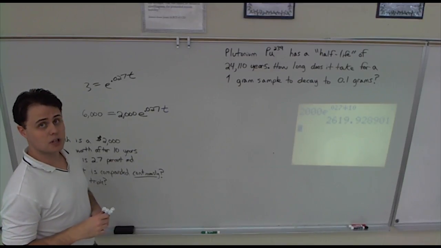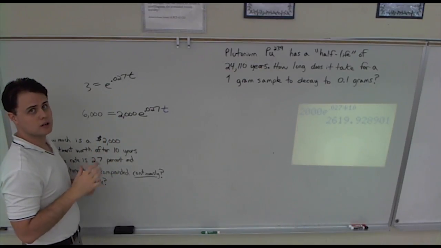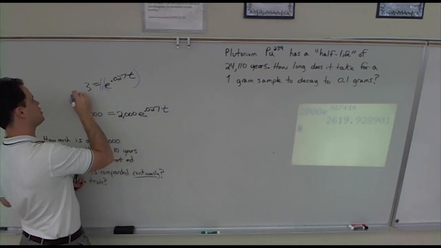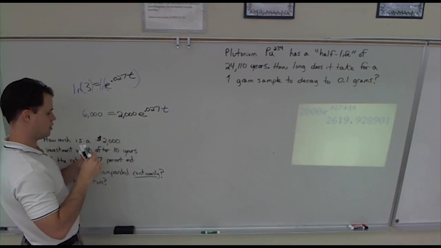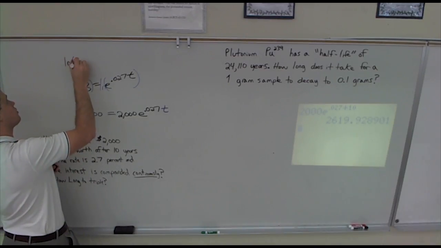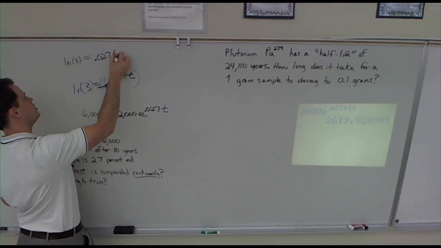We get rid of exponentials by using a logarithm. So to get rid of e, I use its log partner, log base e, in other words, the natural log. If I do it to one side, I have to do it to the other side, operating on both sides. So I'll get the natural log of 3 equals, these cancel out, 0.027t.